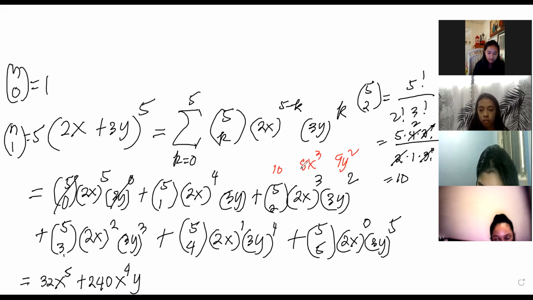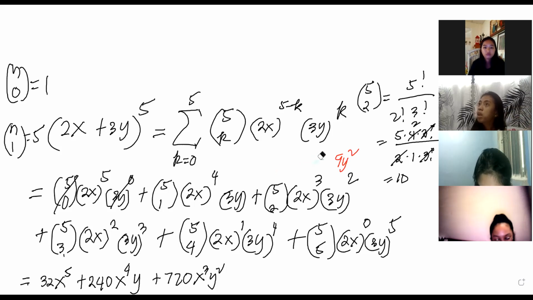So this is just 72 times 10, 720, right? 720 x cubed y squared. Clear? So next to this is the next term. In the next term, if you look at here, you have 5 taken 3. So what is 5 taken 3? So let us try it. 5 taken 3 here.